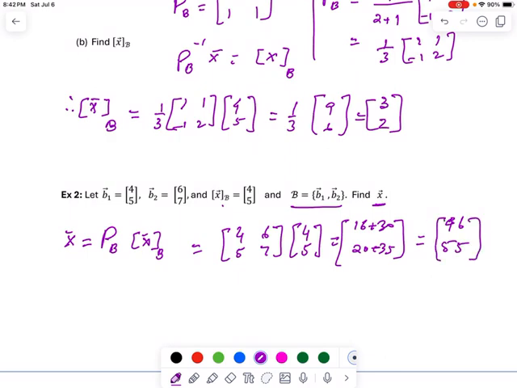So these are the coordinates in the standard basis. Let me stop here. We'll do the next examples in the second video.